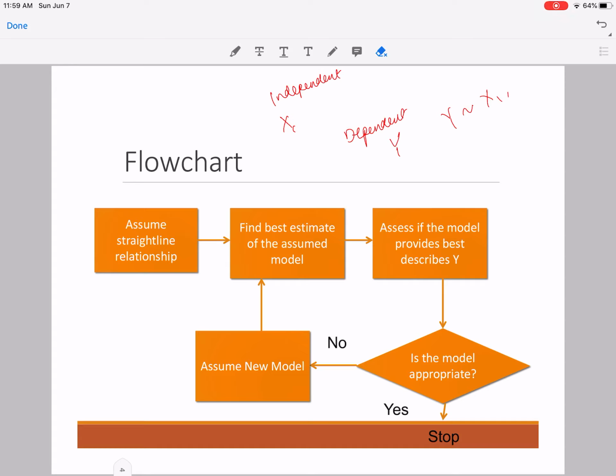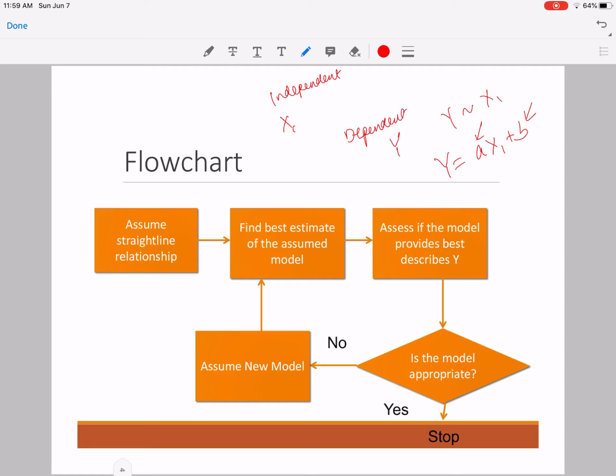So our initial assumption will be that y is just a straight line function of x. So y is equal to ax1 plus b, where a is the slope of the relationship and b is the intercept. So that's your simple linear algebra being applied here.